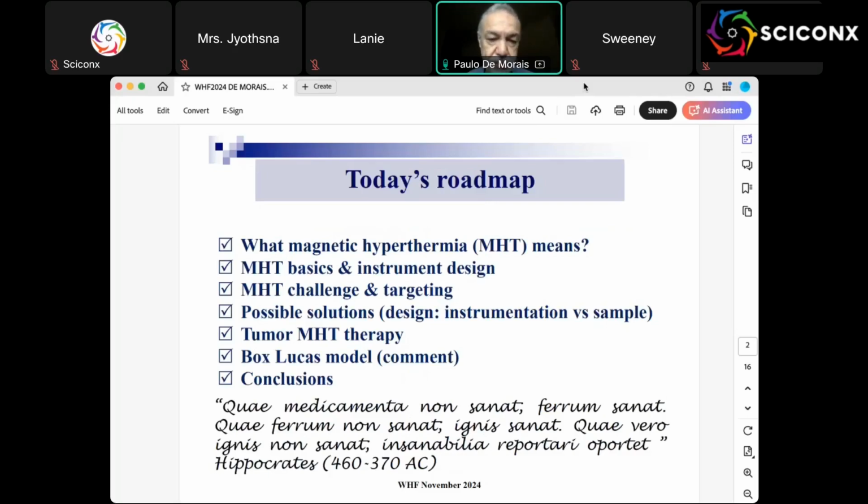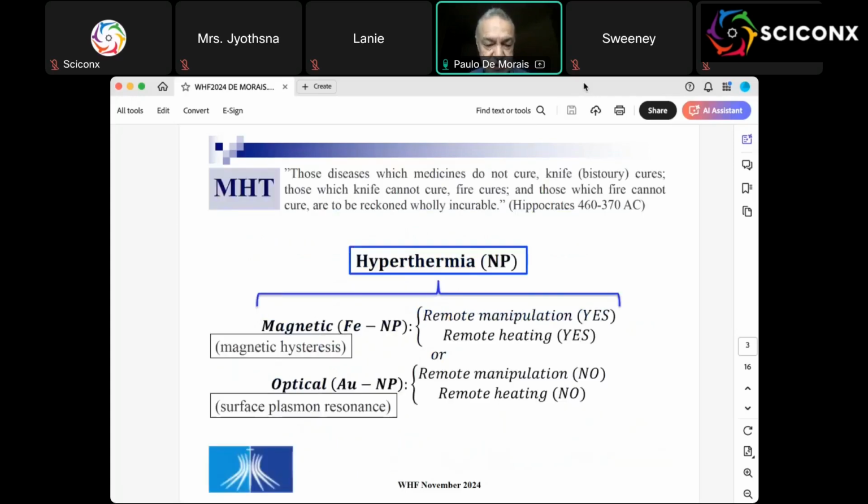This statement is written in Latin, and most of you may not read Latin, so in my next slide, I show you the translation from Latin to English.